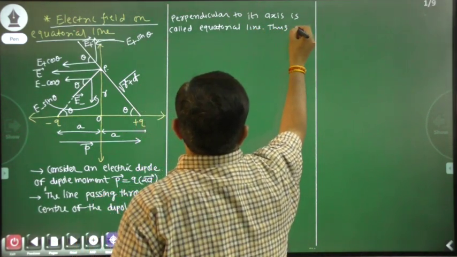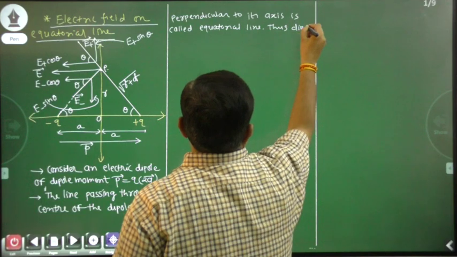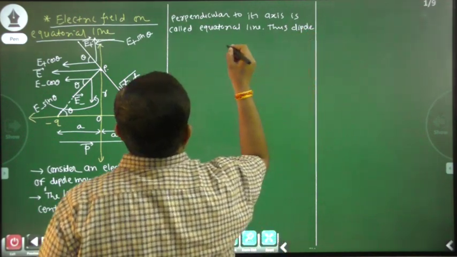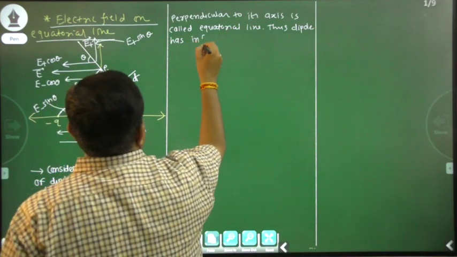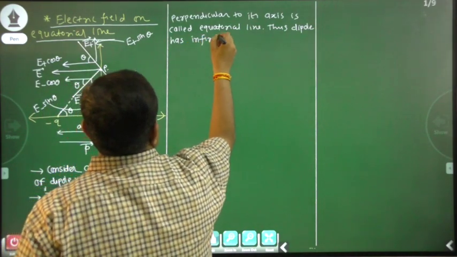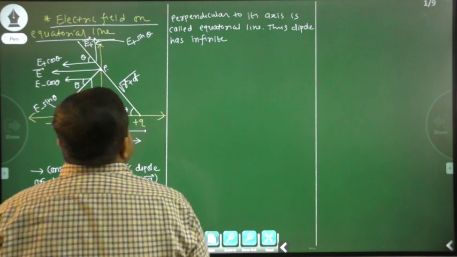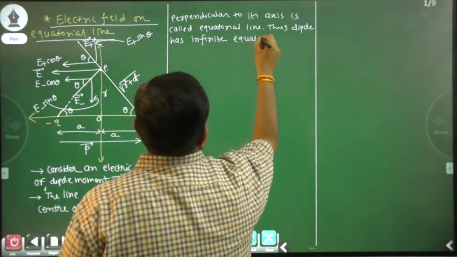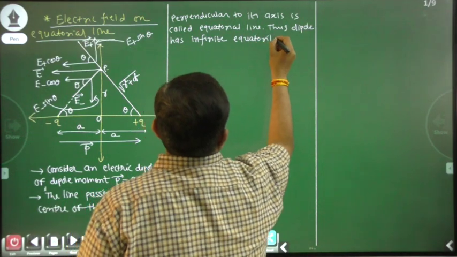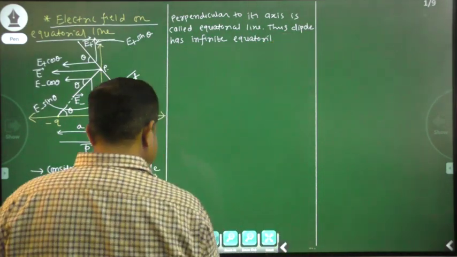Thus, a dipole has infinite equatorial lines.